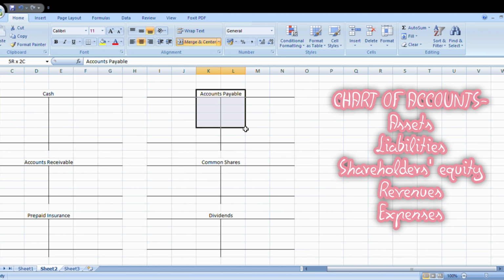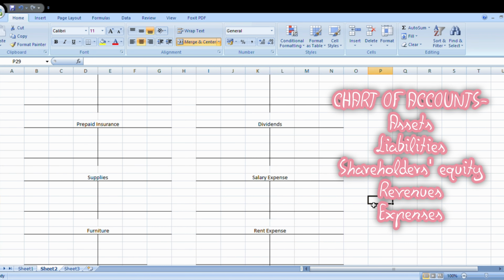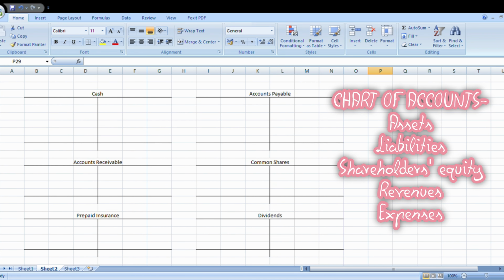After recording the liabilities, we record shareholders' equity. Then comes your revenue and finally comes expenses. So the sequence is, first of all, we record all the assets, then we record all the liabilities, then comes shareholders' equity, revenues and expenses. This is the sequence which has to be kept in mind while preparing the chart of accounts.